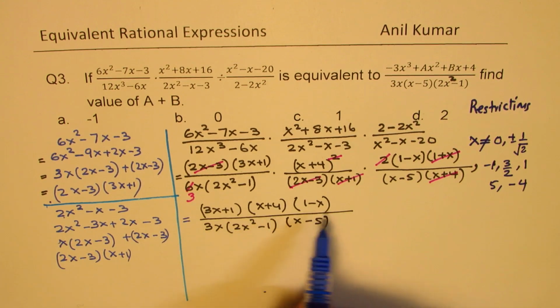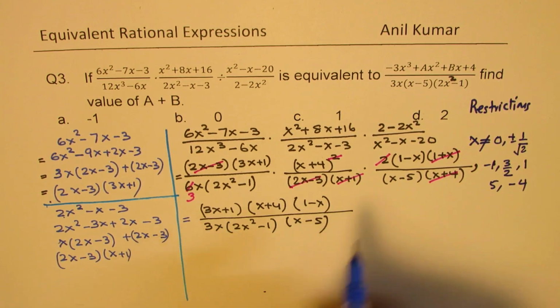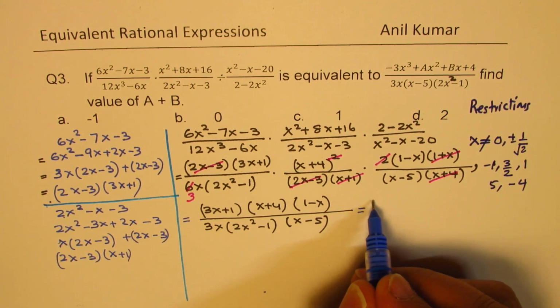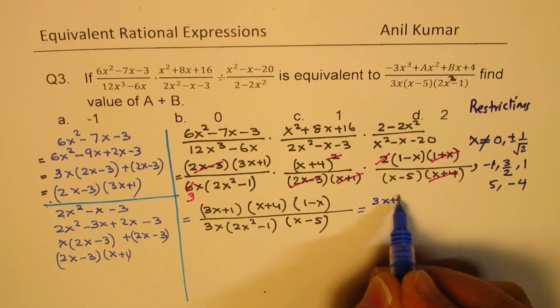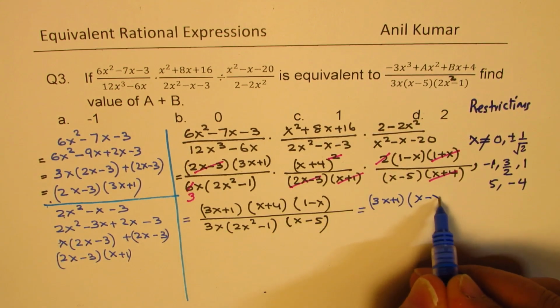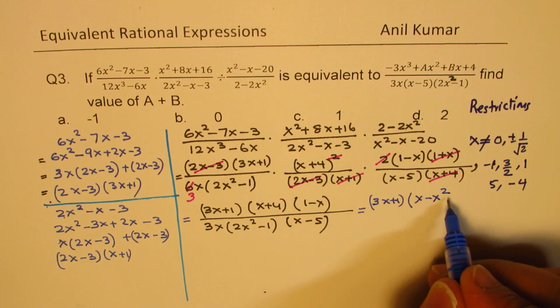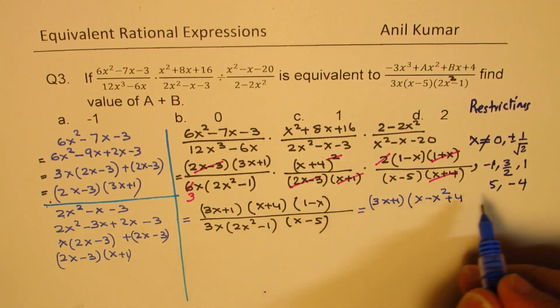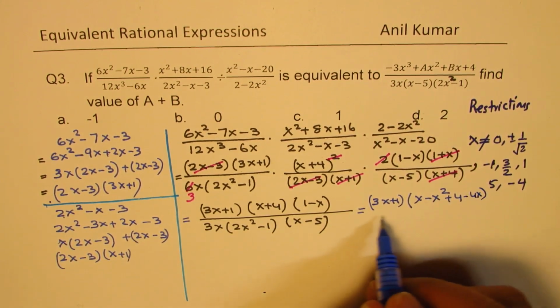Okay. So first we'll multiply these two and then with 3x plus 1. So let me write this as 3x plus 1 times x minus x squared, with 4 we get plus 4 minus 4x, correct?